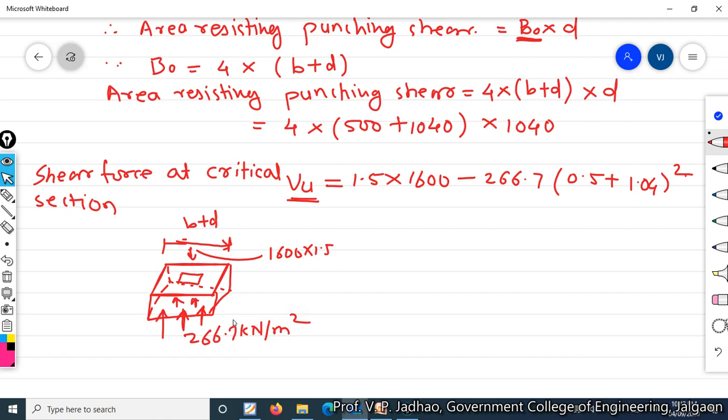So we have this pressure of 266.7 kilonewton per meter square acting on this particular area at the base of the footing.